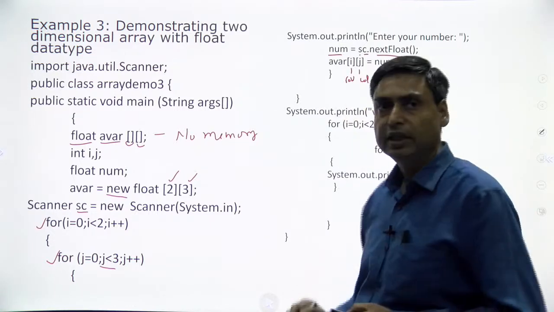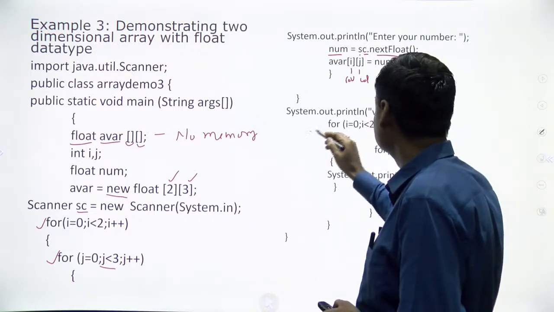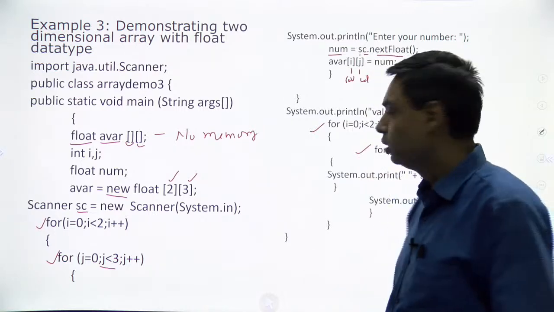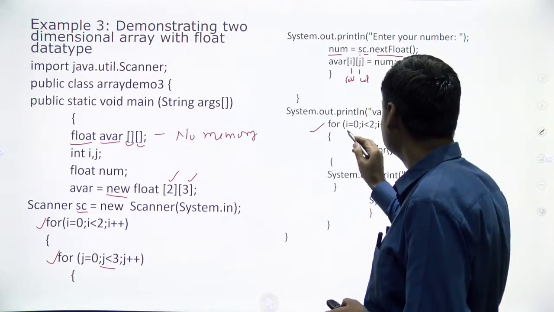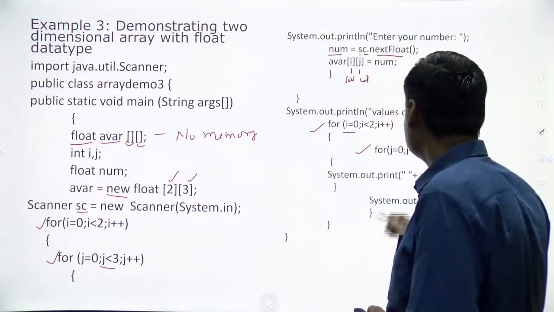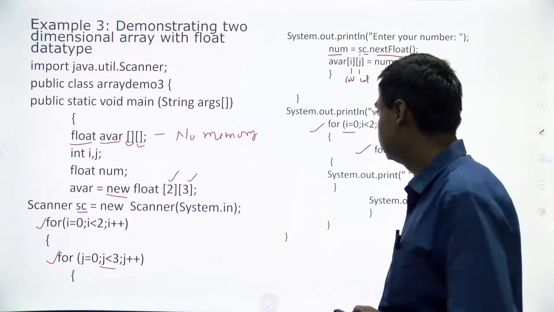Now after taking the value from the user, again we need to use two for loops to display the values. The first for loop is to navigate row wise, the second for loop is to navigate column wise.